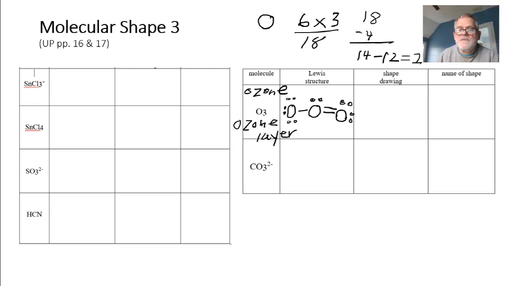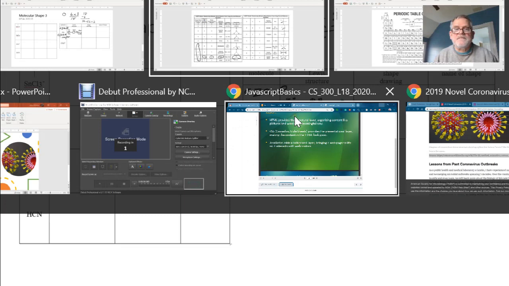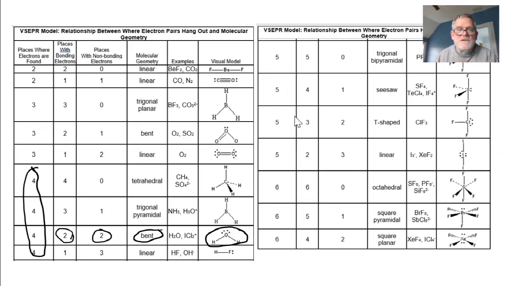So around this central atom, notice that there's 1 single bond, there's a lone pair, and there's a double bond. So that's 3 places where we've placed electrons. What is the shape? Well, we go to the VSEPR table. We look at the number 3. Here are the choices. There's 3 places where the electrons hang out. 2 of the places are bonding.